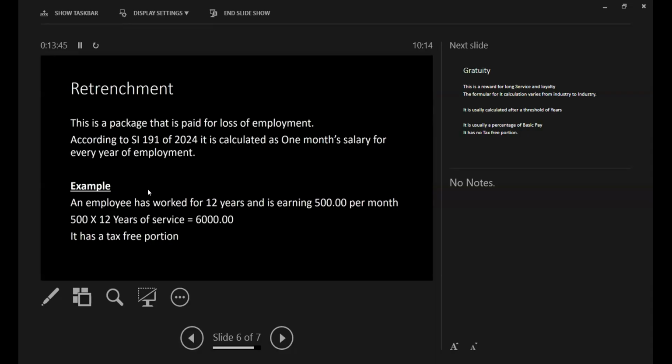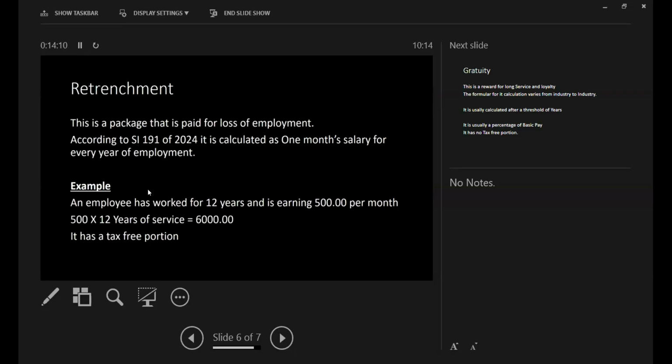Also, if you so wish, this month end, on the 28th of April, we are having an FDS and HR workshop here at Touchstone at the base. We are inviting you to come in. We'll also be looking at the tax computations of employee earnings, including the retrenchment package and how we calculate the tax on retrenchment. So you can join us then.